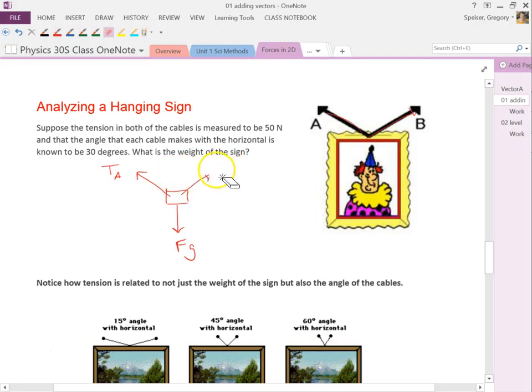How about instead of just TB, I could say, well, this has an x component. How about TBX? And this has a y component, TBY. This was TB over here. And vector A has an x component, TAX, pardon me, TAX, and we have TAY over here.